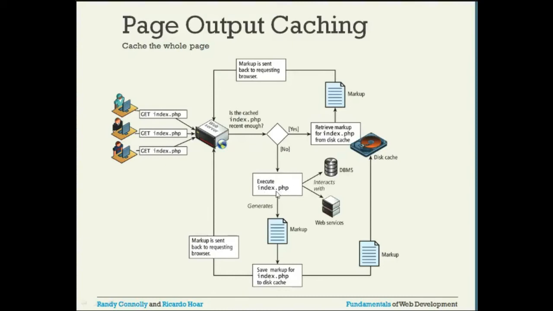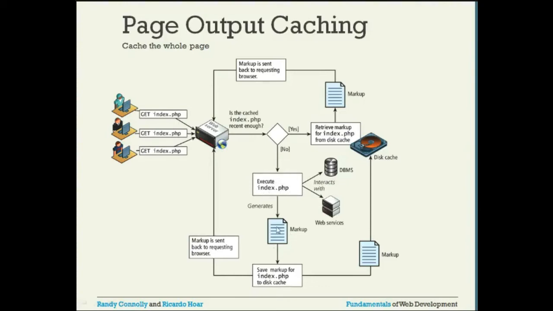So the PHP page will be parsed and executed. It might involve interacting with the DBMS, connecting to the DBMS, running some queries, getting the data, and processing that data. And maybe it involves calling some web services to get information. And after doing all those things, it will generate the markup.